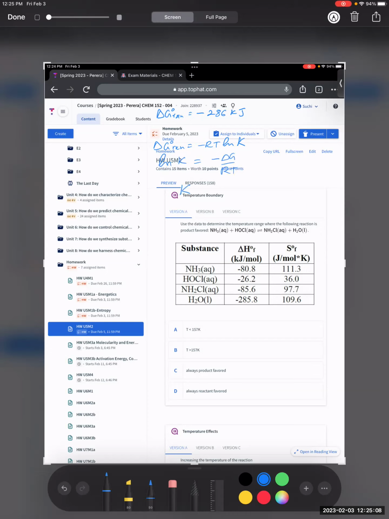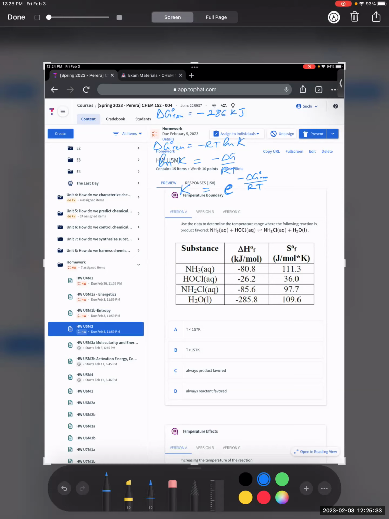To get the K value from natural log, we need to raise to the power of e. So we get K on the left hand side and e to the power of minus delta G reaction over RT on the other side.